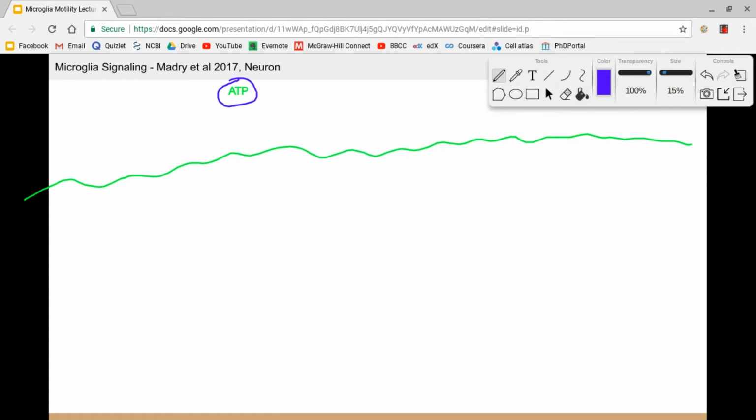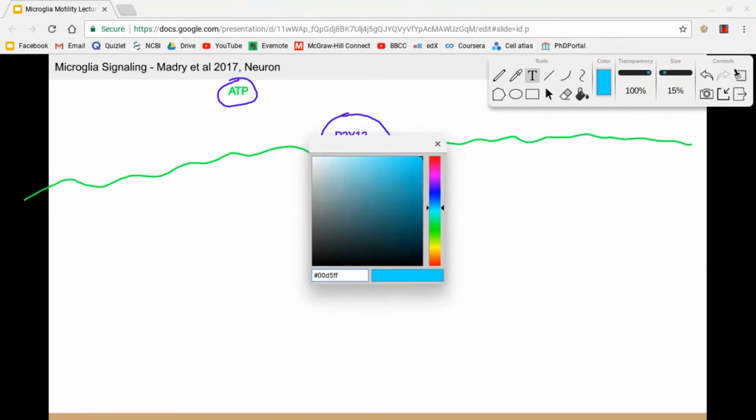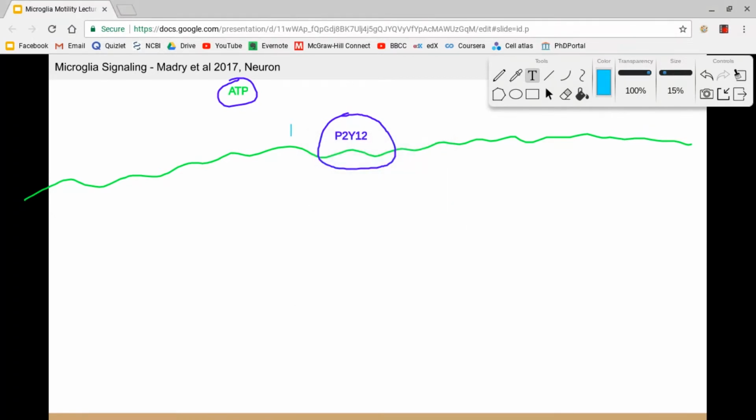As I mentioned, it occurs through that P2Y12 G-coupled protein receptor. Except ATP doesn't directly bind to P2Y12. It actually binds to a subunit on the outside of the membrane called CD39.